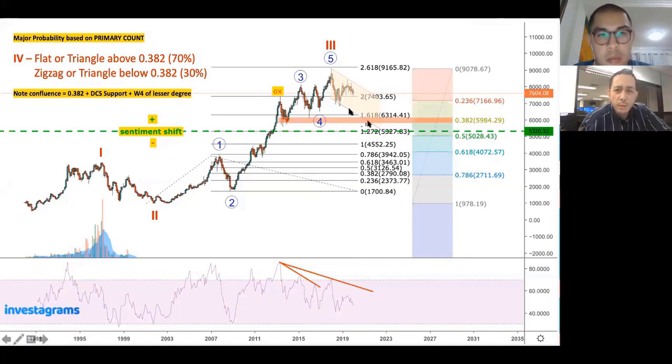What do I mean degree lower? If you look at the smaller degree, remember this is the degree that we're tracking, the red 3, the red 4. If you look at the smaller degree that we're tracking, which is this blue 5, blue 4, circle blue 3, you'll see that the wave 4 of smaller degree pretty much is around this area over here, this 5984 as well.